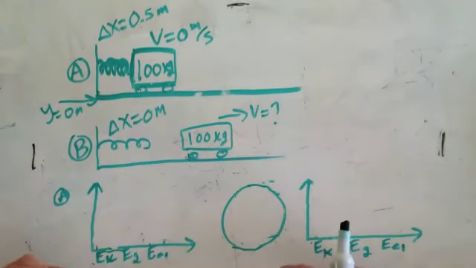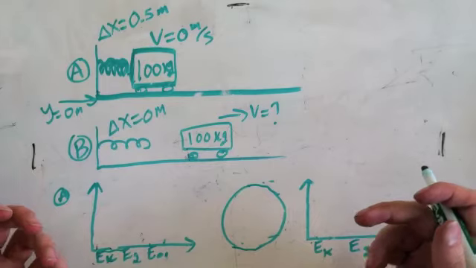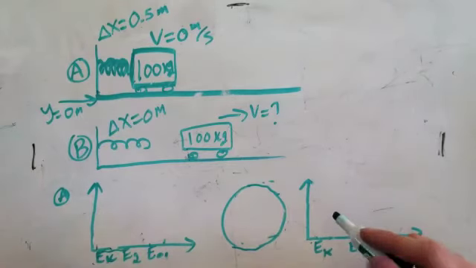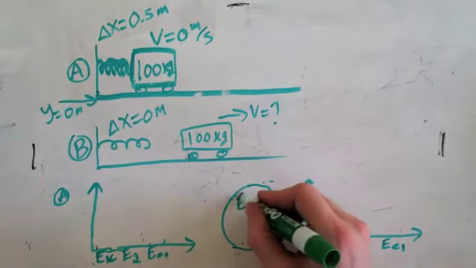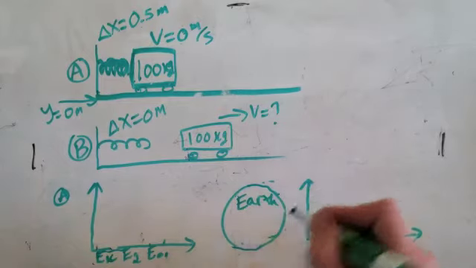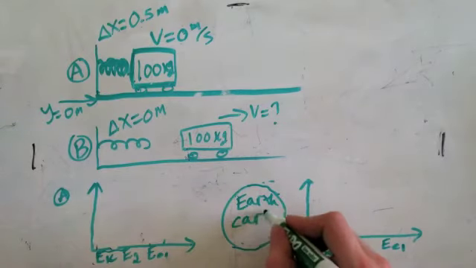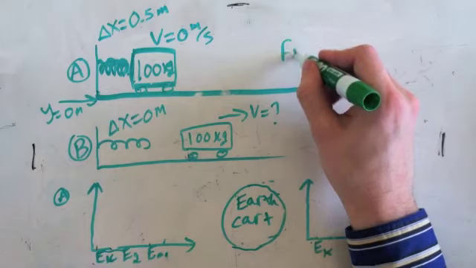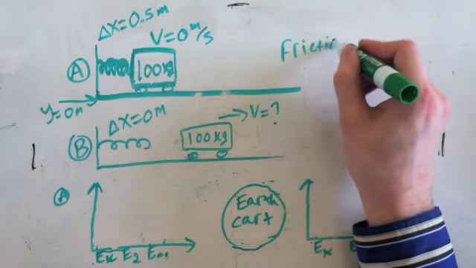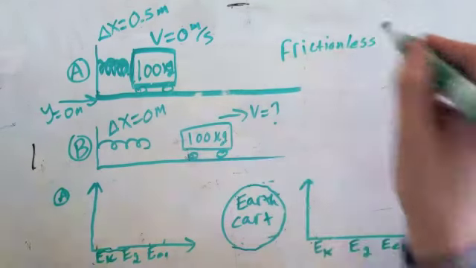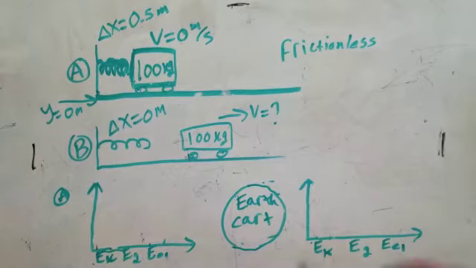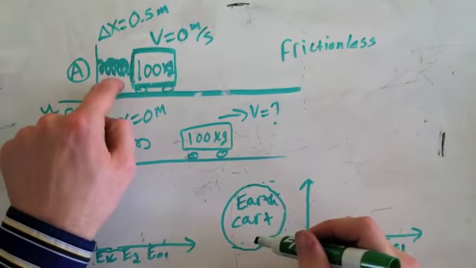Suppose that I define my system differently. Let's say that I want my system to only be the Earth and the cart, and we're still frictionless too. Okay. Notice that I'm not including the spring in my system.